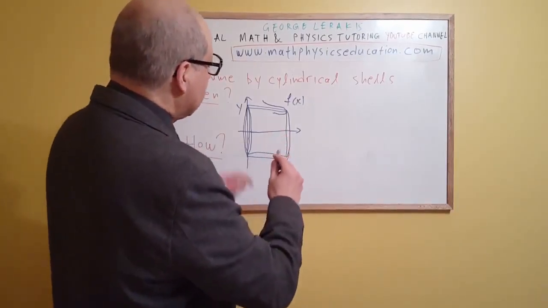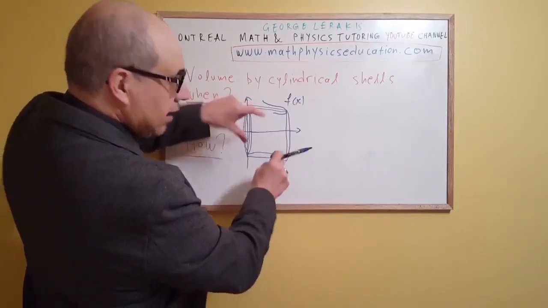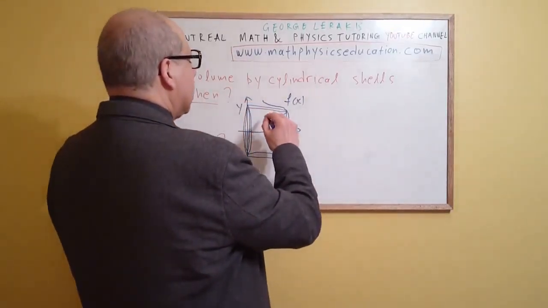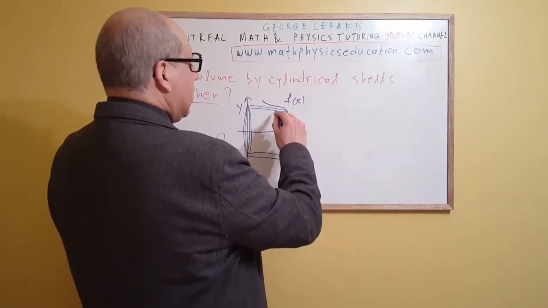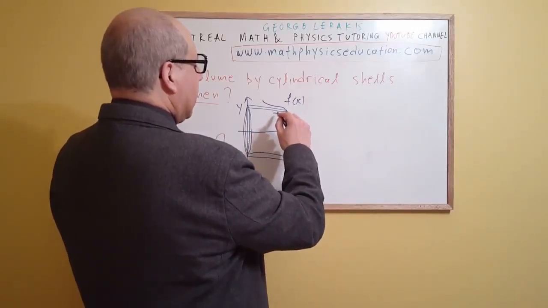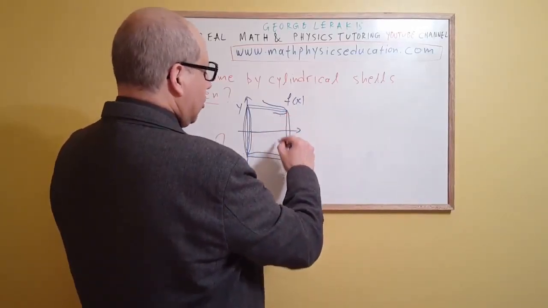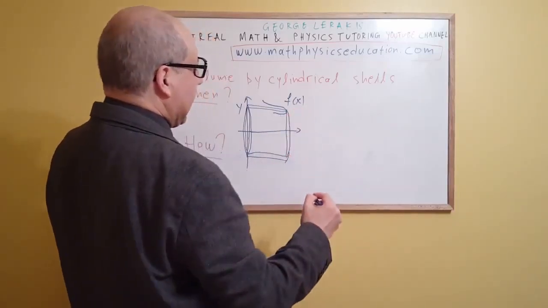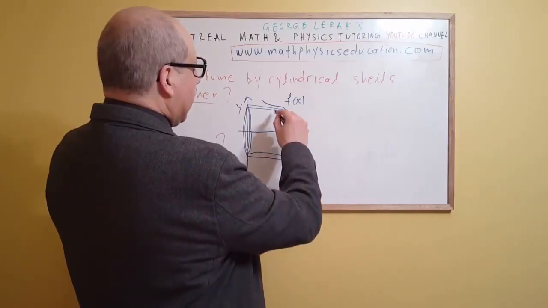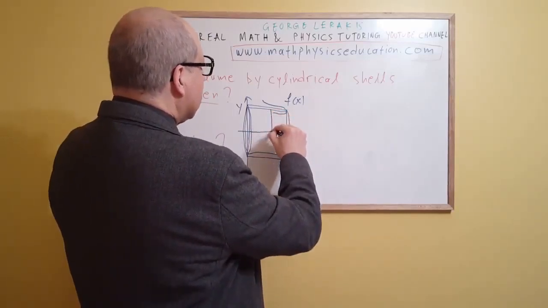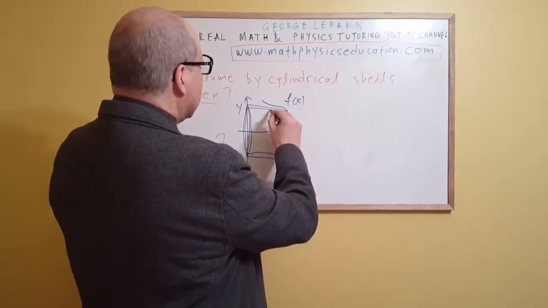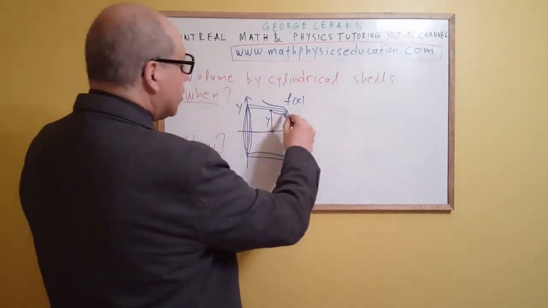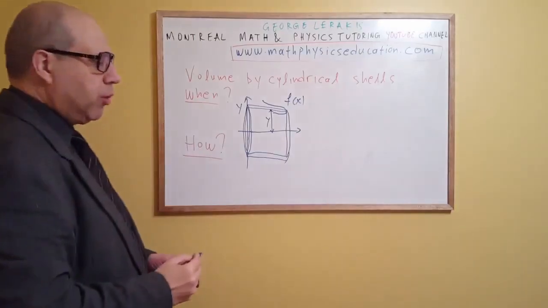Let's see what the volume of this cylindrical cell is. This cylindrical cell, first of all, will have a circle as a base, and the radius of this circle will be y.